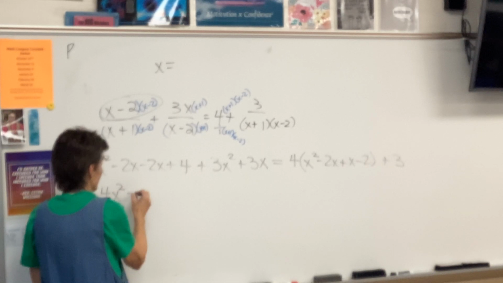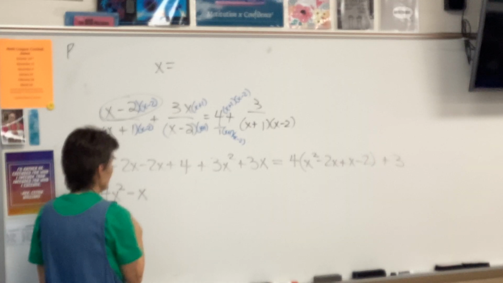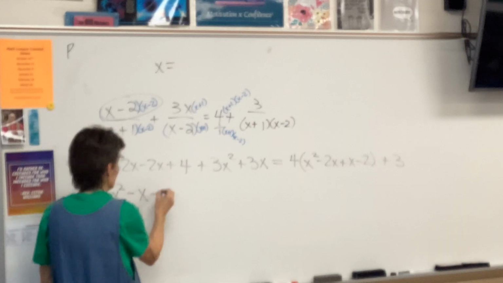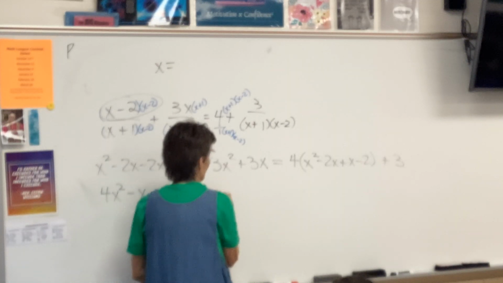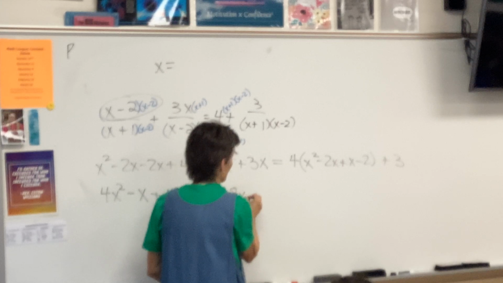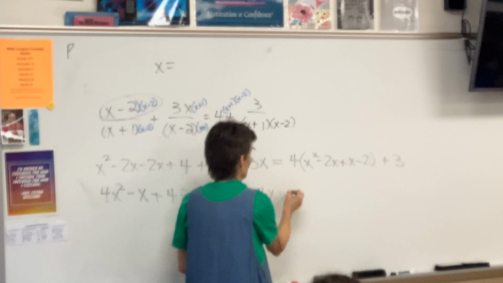Four x squared minus 9x plus. Don't just copy down what I'm doing, because Lord knows it could be wrong. Everything on both sides, 4x squared minus 9x plus 5.